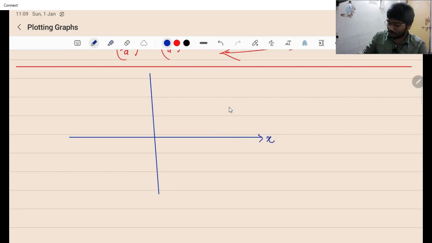So this is the x axis, this is the y axis. At some point, this is a point P, which we denote as (r, theta) or (r, phi).